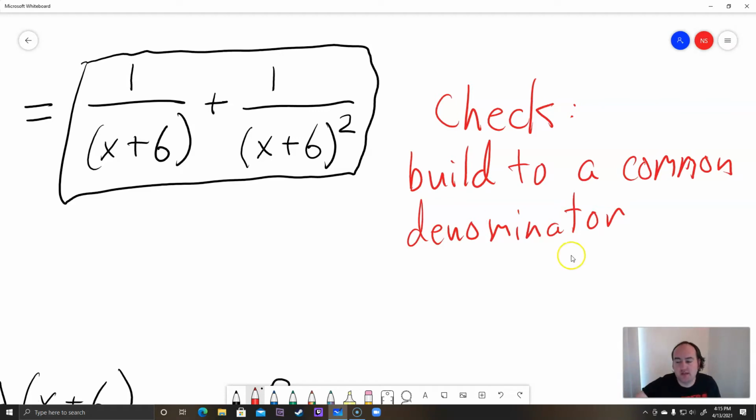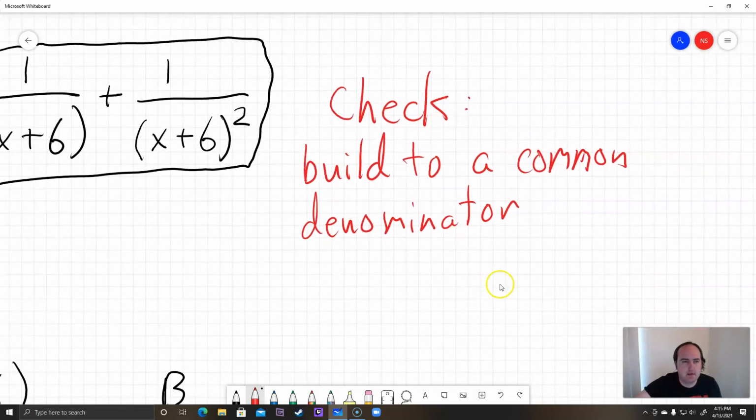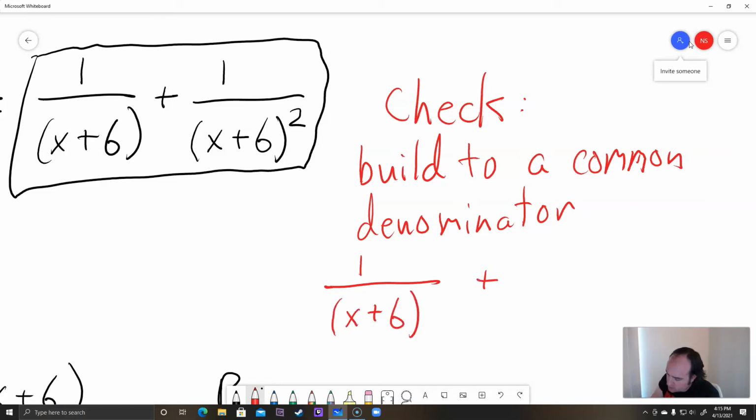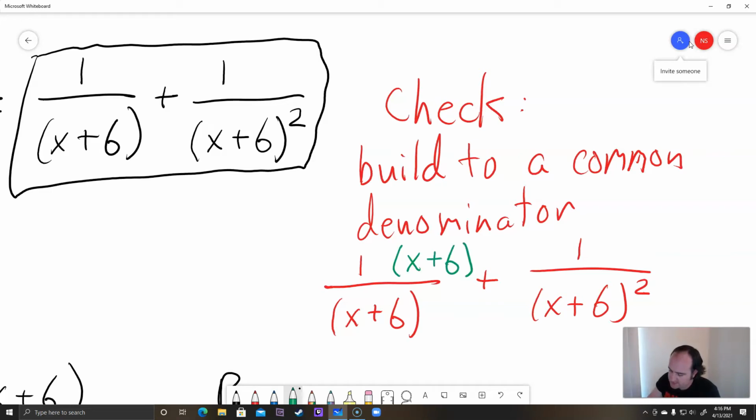So it's actually very easy to check. So like with this one we did here, if we want to check it, we start on the right side. So we have 1 over (x plus 6) plus 1 over (x plus 6) quantity squared. Okay, and to build it to a common denominator, I just multiply the first one by x plus 6 on the top and the bottom.